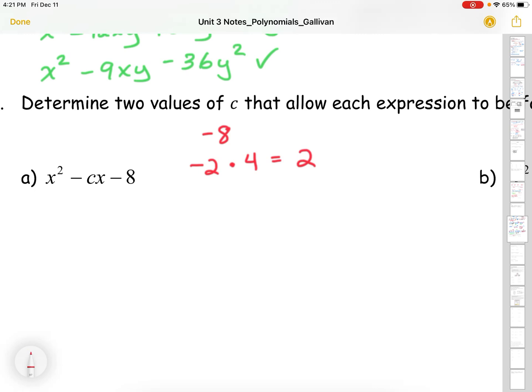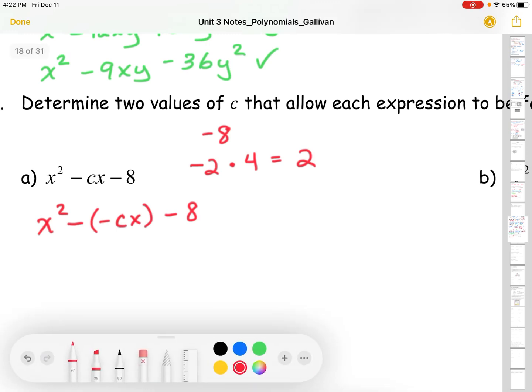So that means that, oh, yeah. So x squared, if it's minus c, would be -cx minus 8. It's kind of tricky, right? Or, oh, I see they want C to not have an answer.